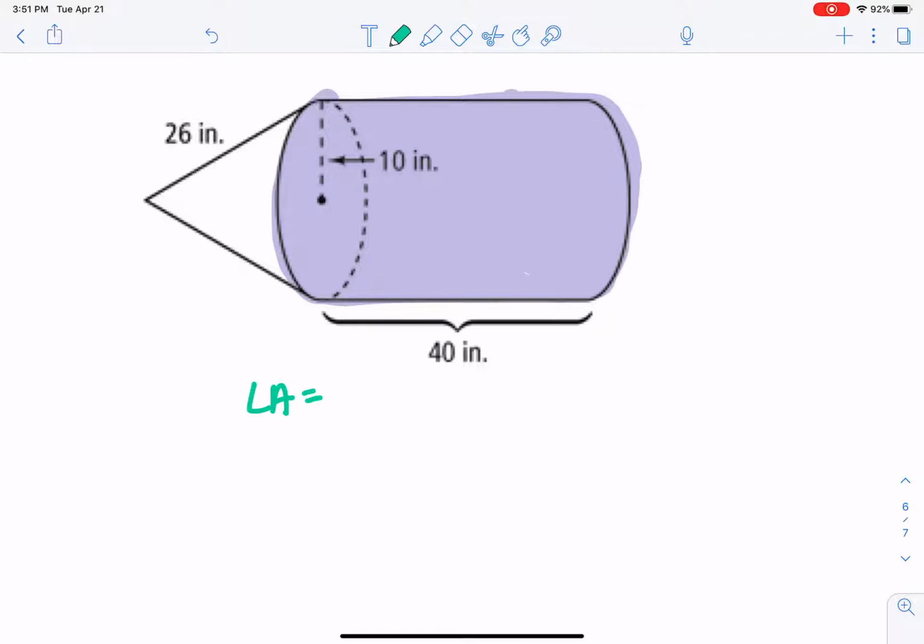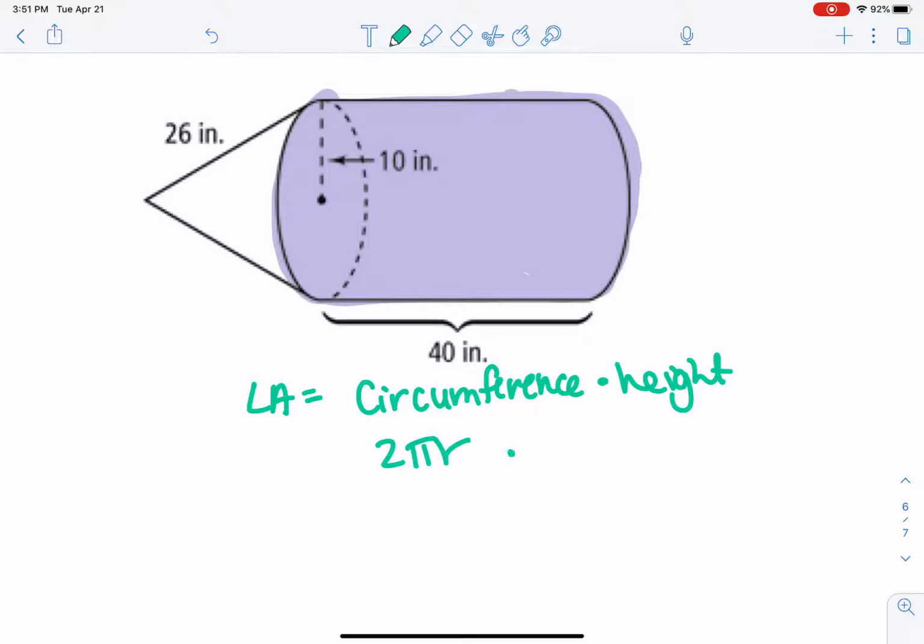So if you were doing your lateral area, going back to cylinders, the circumference times the height was one of our formulas for lateral area of a cylinder. My circumference is 2 pi r, and then times my height.